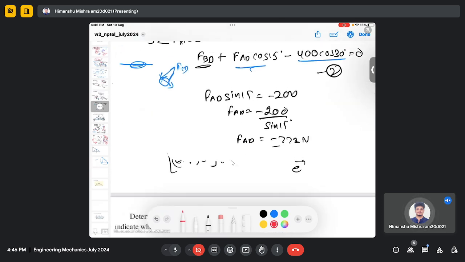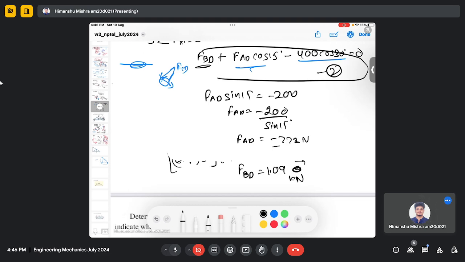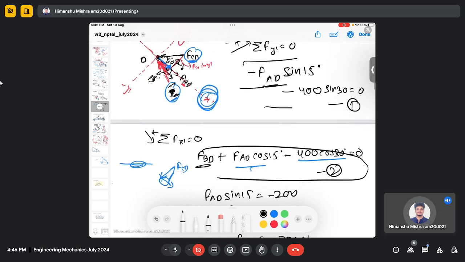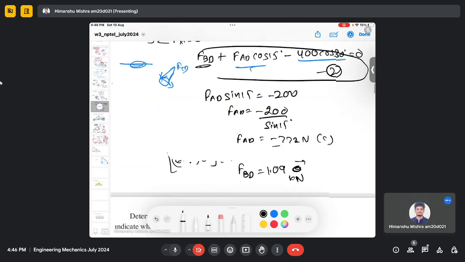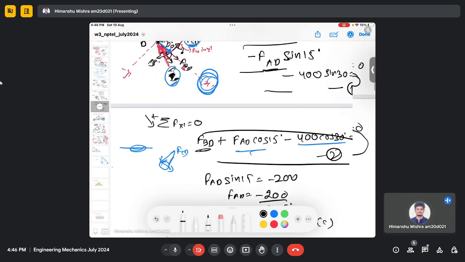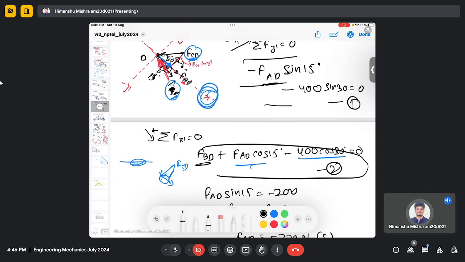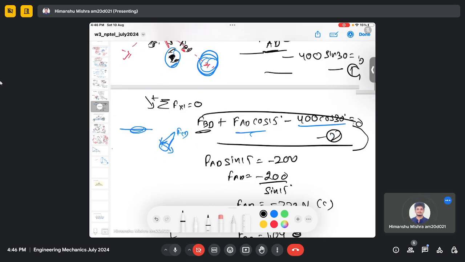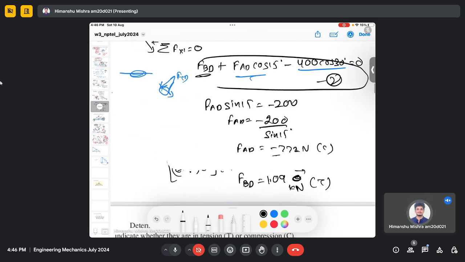Then from equation 2 you will get FBD equal to 1.09 kilonewton. The direction of force AD is towards the joint, so it is compressive. And for force BD, the direction is away from the joint, and hence it's tensile in nature.